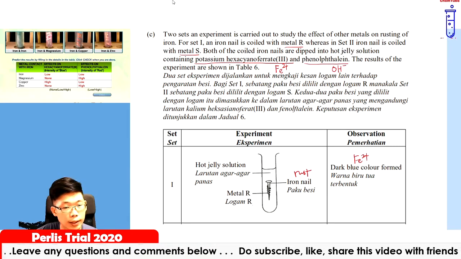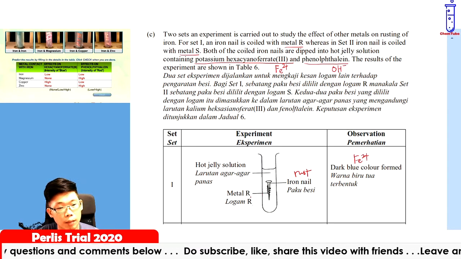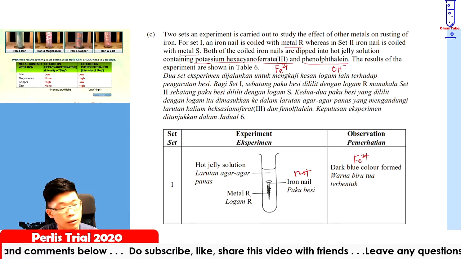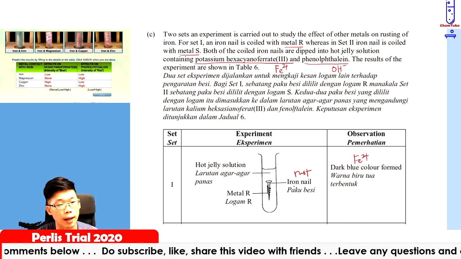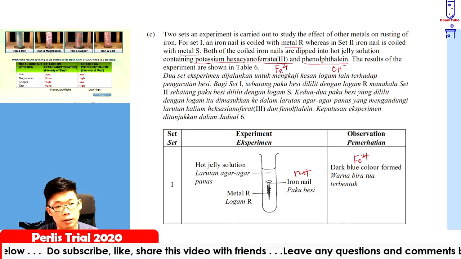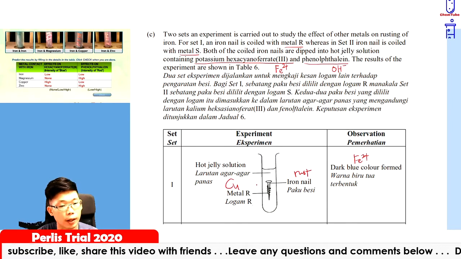So based on the video just now, we can see metal R should be a metal that is lower than iron in the electrochemical series. Let's say we choose copper, or lead also can.